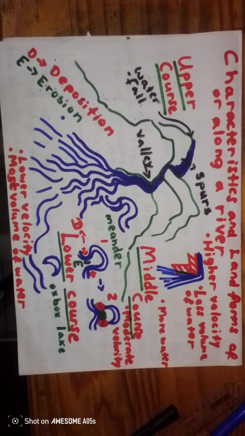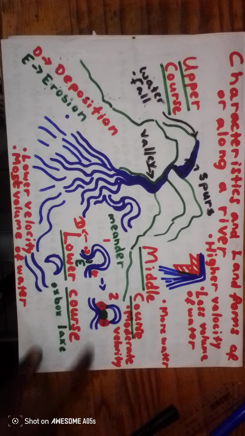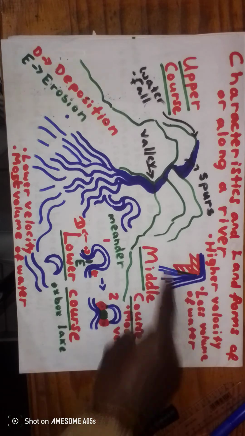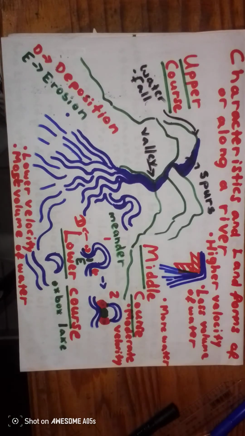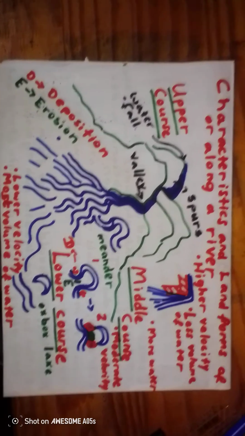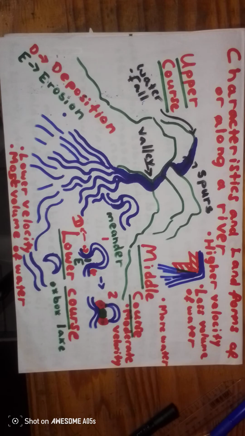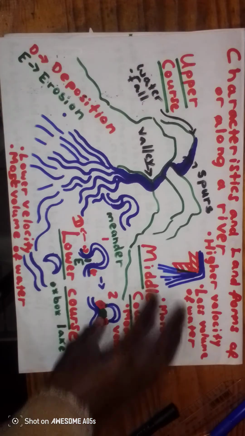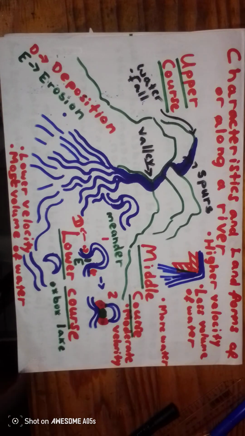Now we look at the lower course. In the lower course, we have lower velocity than both parts of the river. Lower velocities. Sorry for the lighting, but I've tried to adjust here, and this camera is faulty. We still have progress anyway. Comparing the upper course and middle course to the lower course, the lower course has a lower velocity but has the most volume of water.